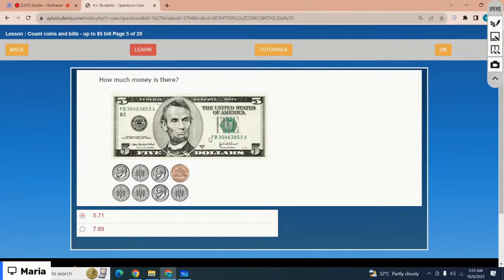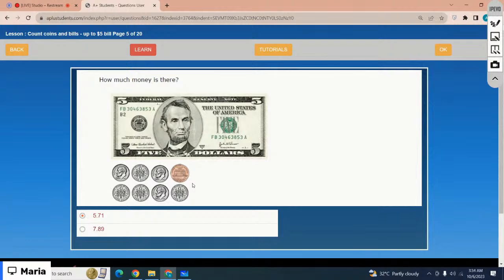You can see there we have a bill that is a $5 bill, right? The next one you have is dimes, right? How many dimes? Hold on.